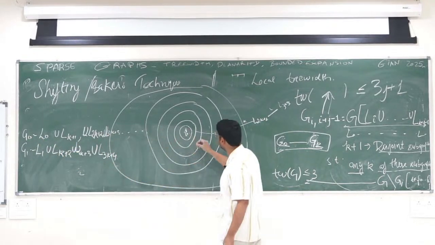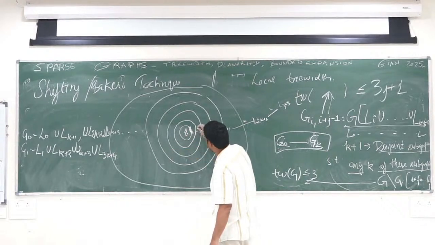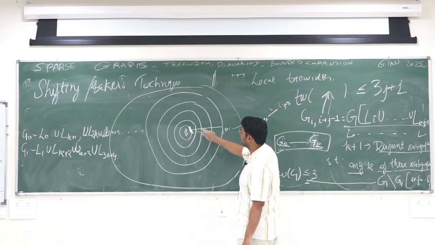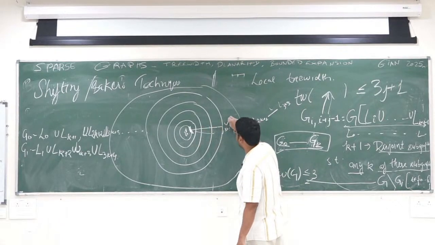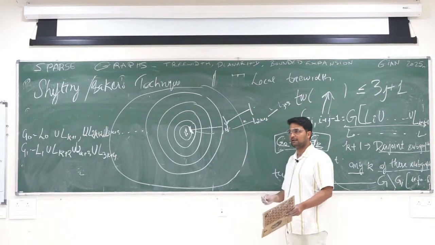So what I do next, this L1 goes to my G1, then I leave k plus 1, then I leave k and I take the next layer, then I leave k and I take the next layer, and this way.